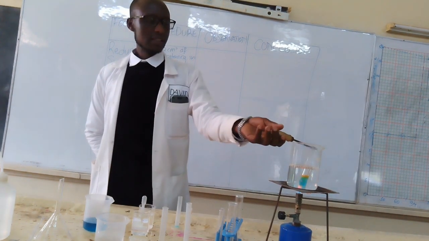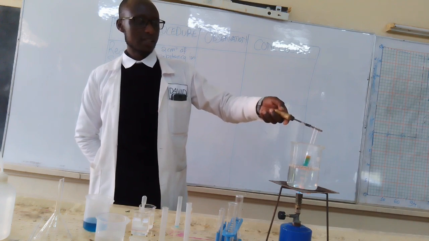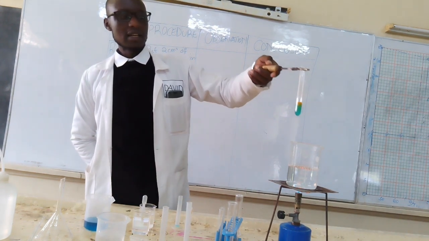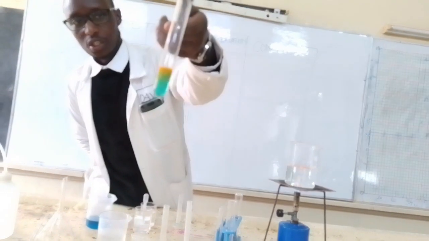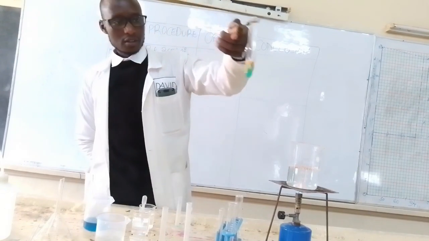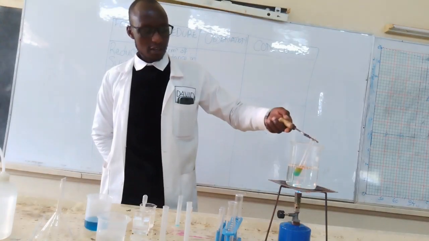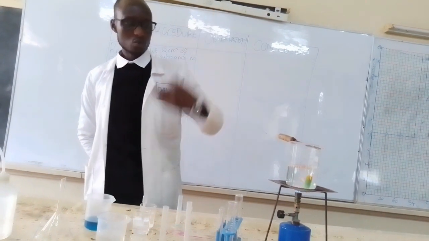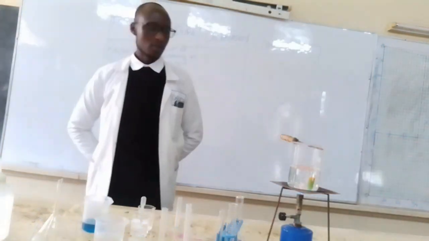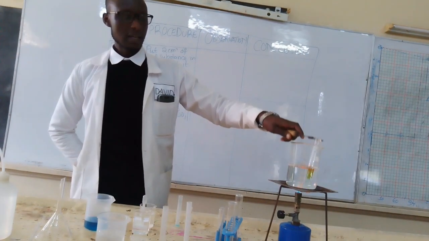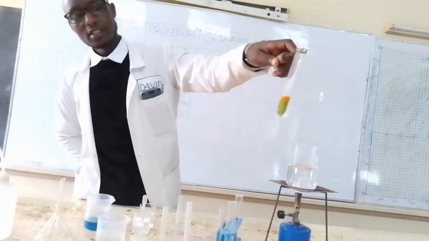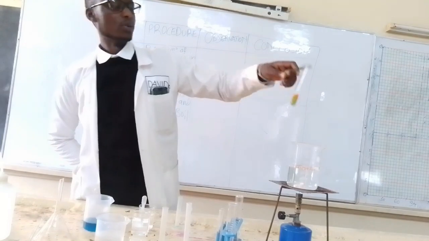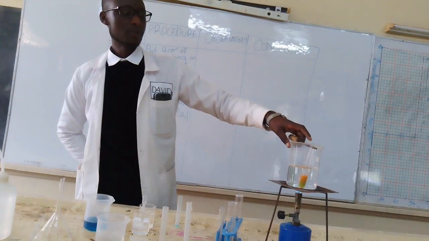If you can clearly see, I can also be withdrawing as the color changes. If you look at that, the color has just started to change. That is how it is going to happen. Remember, this is the Benedict solution that we prepared, and now we are using it to carry out a food test. So let's make that observation. Look at that color, it is changing gradually. It is now green. So we continue heating it and see what happens.